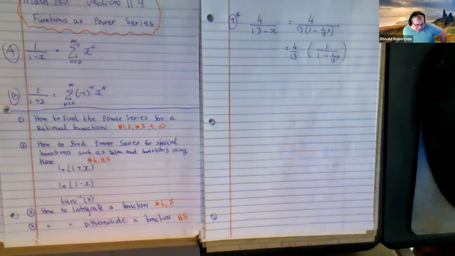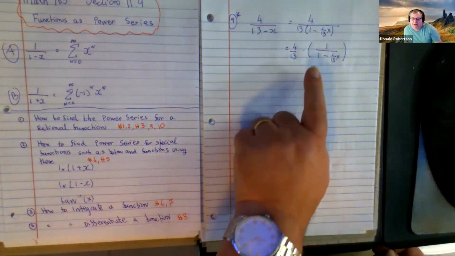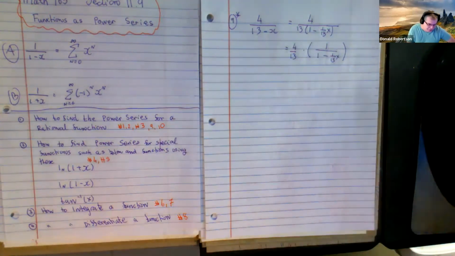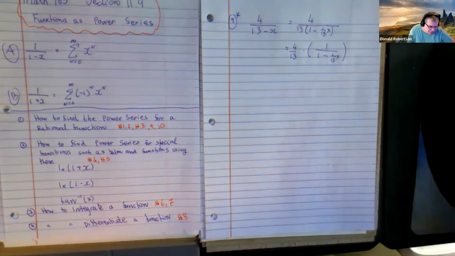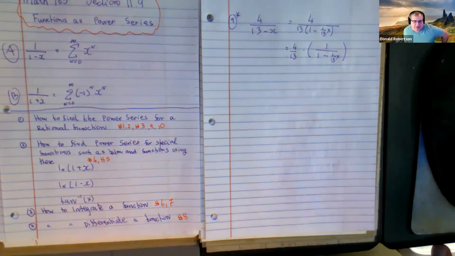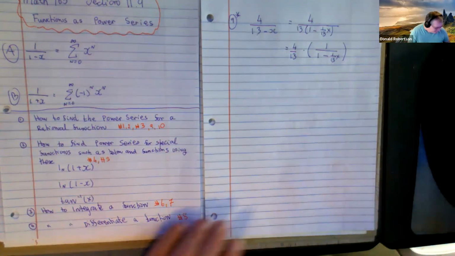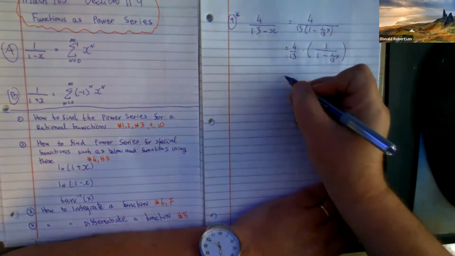Okay, Thomas, you're on. Should you use A or B for this power series here, the 1 over 1 minus 1/13 x? I'm waiting to see your chat. Yep, you're correct. Thomas said use A, and that's the one we're going to use.